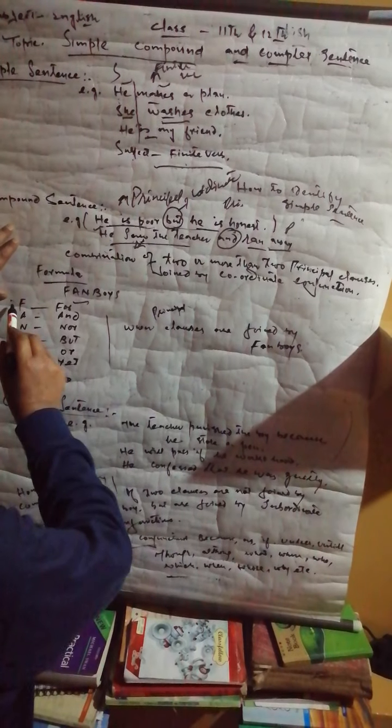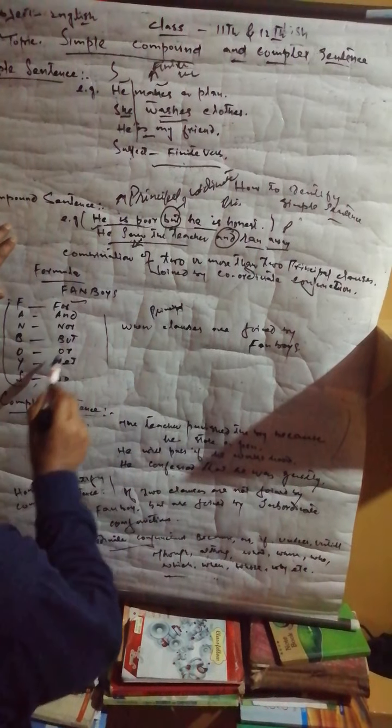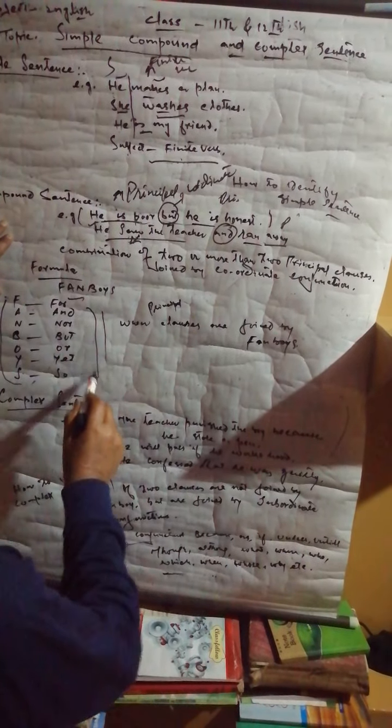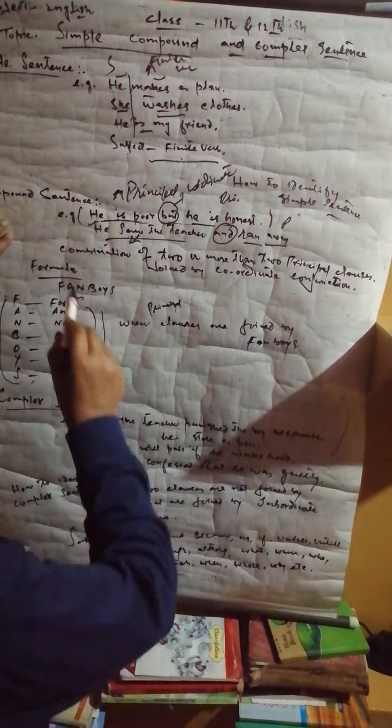With the help of this formula, we can identify a compound sentence. When we see that principal clauses are joined with these, for, and, nor, but, or, yet, so, all these sentences are called compound sentences.